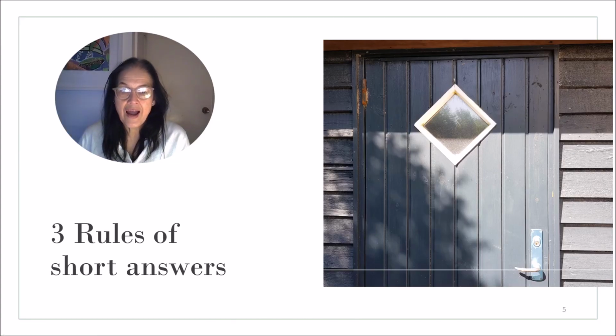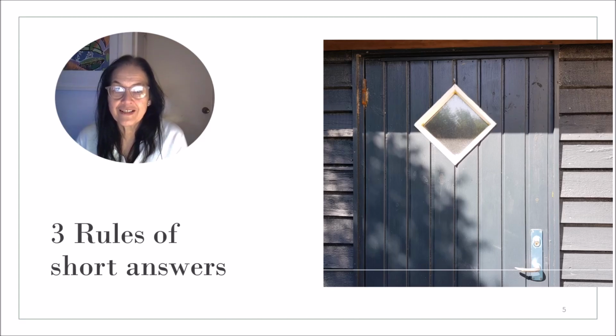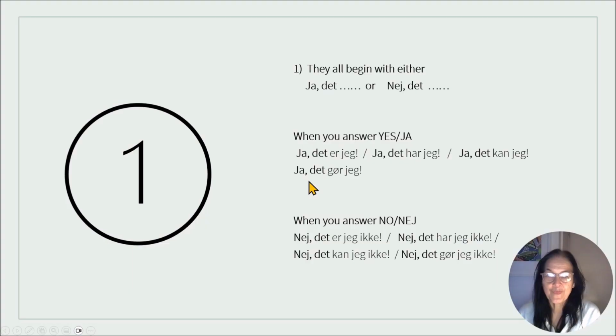So I'm suggesting that there are 3 rules that you can use in order to get the short answer right, and let's go through them. The first rule is that they all begin with either ja, det or nej, det.